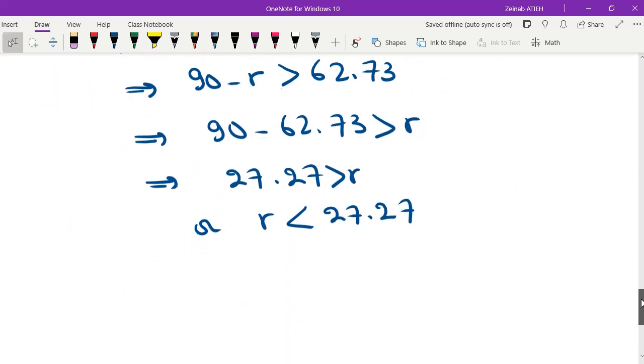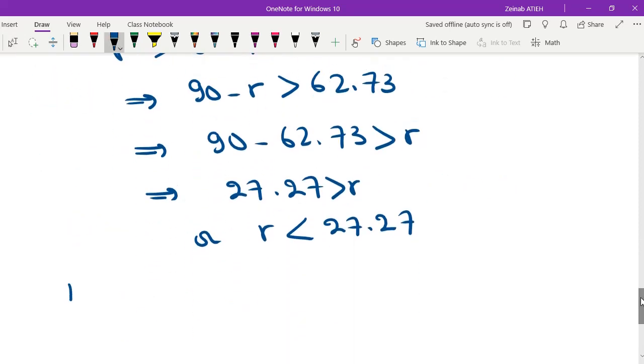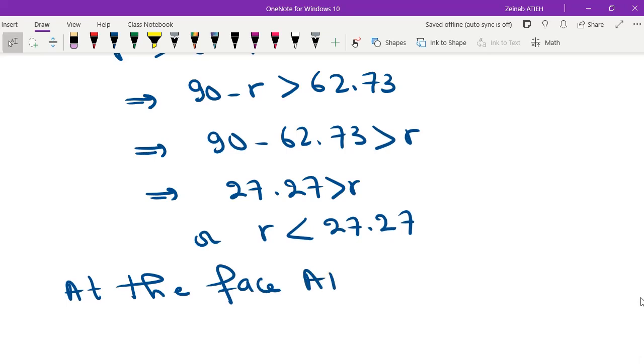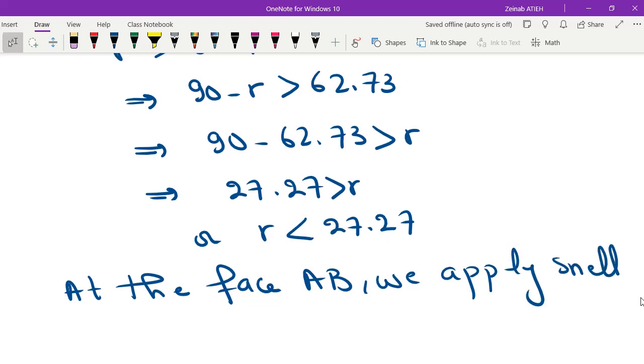So let's use Snell's law at the face AB, we apply Snell's law.